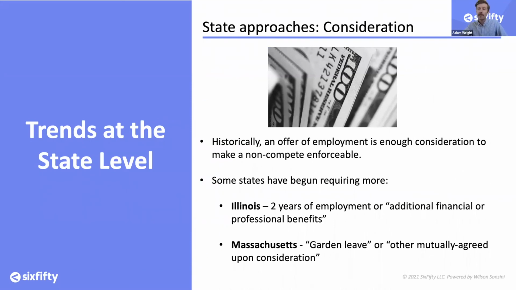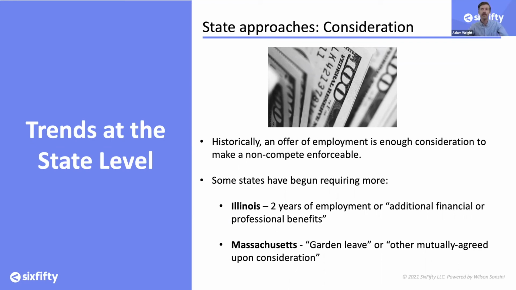So, and again, Adrian briefly touched on this as well, but some states are now requiring additional consideration to render your non-compete enforceable. And again, consideration is just the benefit that's exchanged. So in this context, it is what the employer is giving the employee in exchange for the promise not to compete.